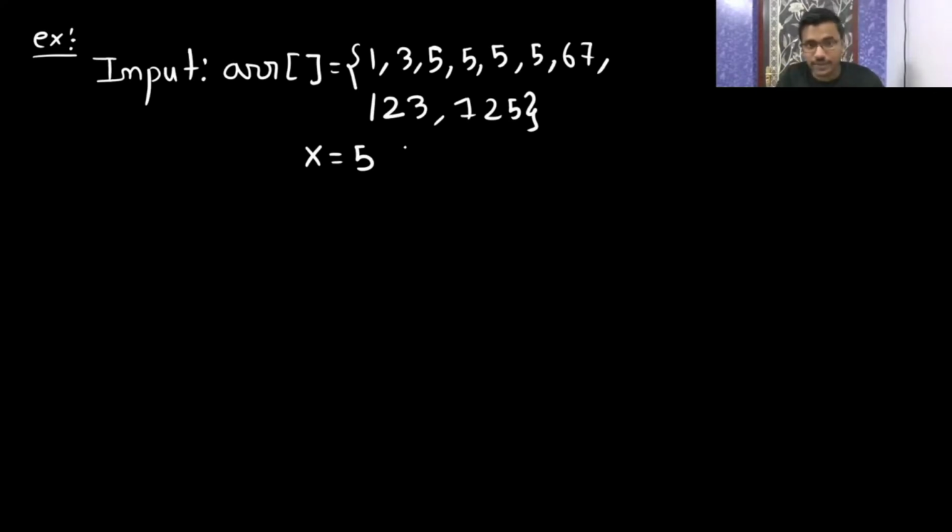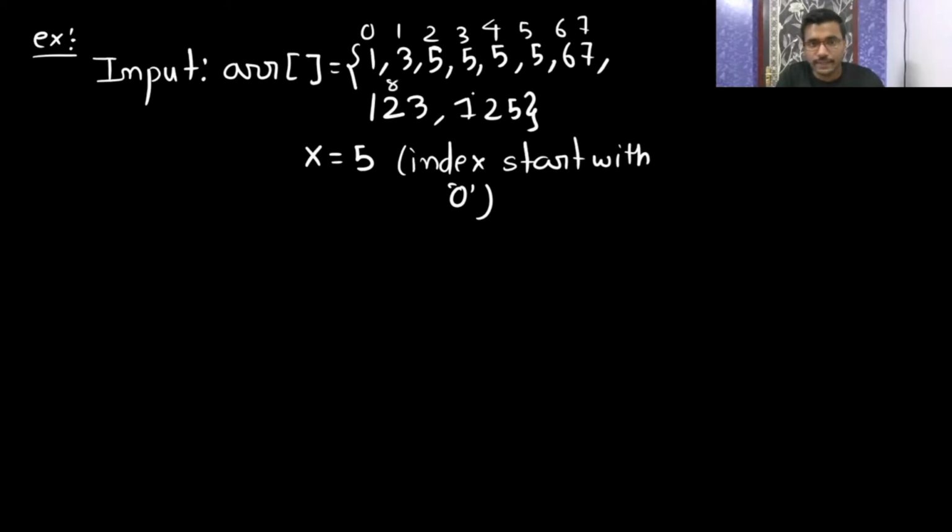Index starts with 0, so this is index 0, 1, 2, 3, 4, 5, 6, 7, 8, 9.